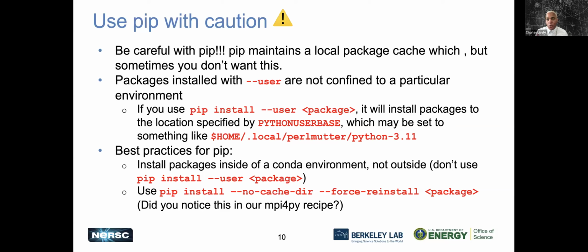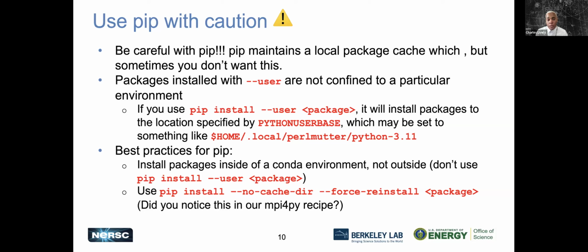Another word of advice is just make sure you use pip with caution, because pip maintains a local package cache, but sometimes you don't necessarily want that. So we want users to make sure that their packages are using the user flag and are not confined to a particular environment. So you want to make sure with the pip install that you specify that specific package.